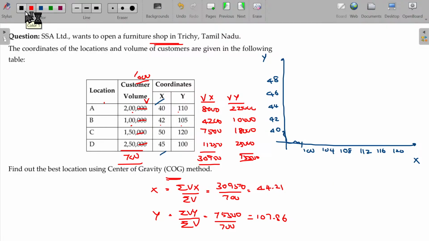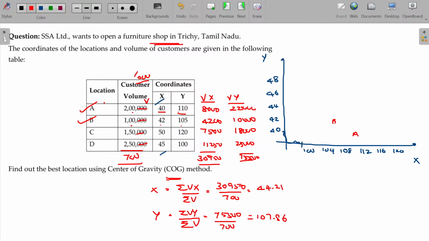Now, I'm going to plot this. What about the A's? They are 40, 110. 40, 110 could be here. This is location A. B, 42, 105.